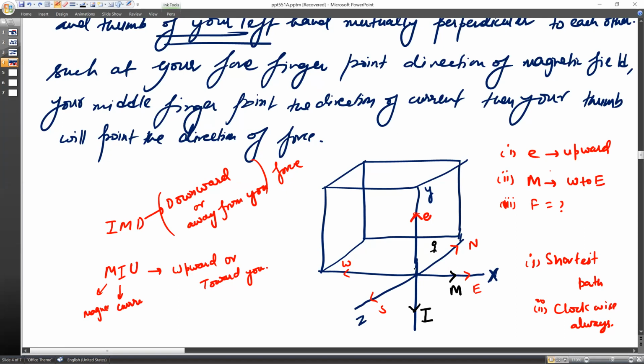Then the only direction left is the z-axis. When we are talking about into the plane or towards the plane, just take it as towards you or away from you. So this is M, I, U, and U is towards you. So it will be this direction, and this will be north to south.